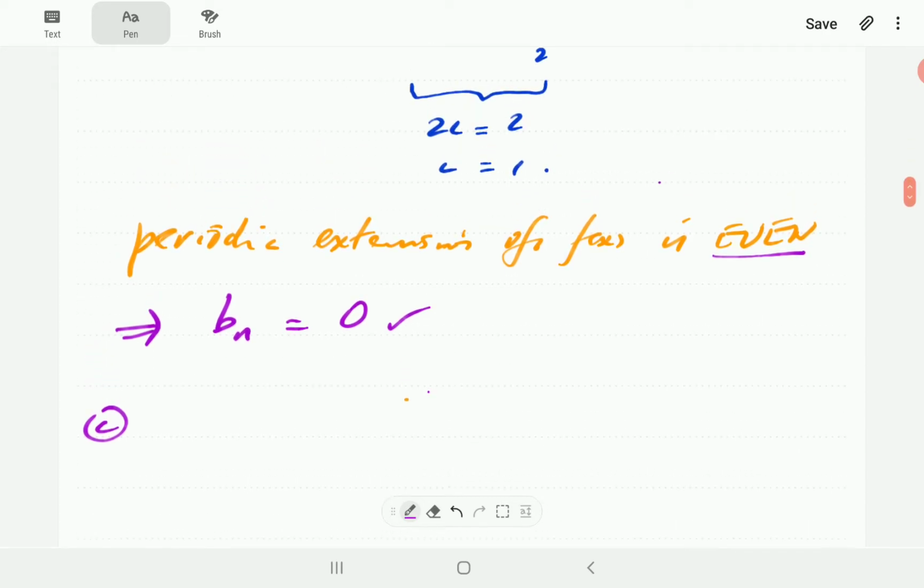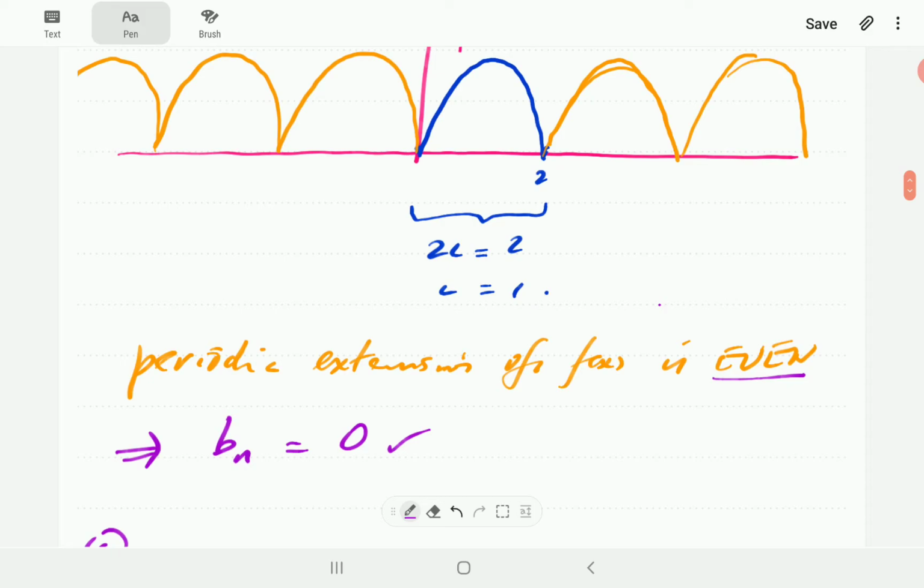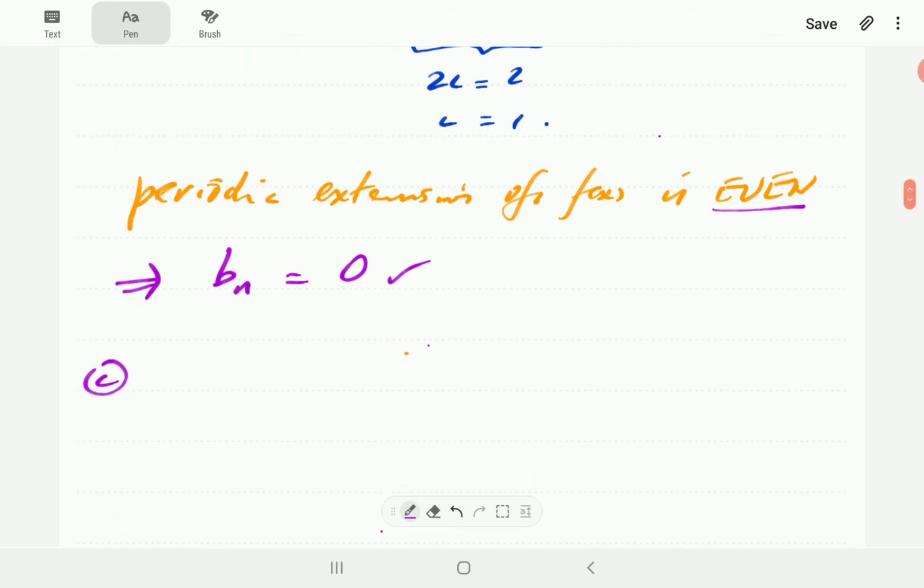This is also going to have a bearing in the next segment of Fourier series, which is called the half-range cosine and the half-range sine series. So the ability to determine if an extension of a function is even or odd is very important there as well.